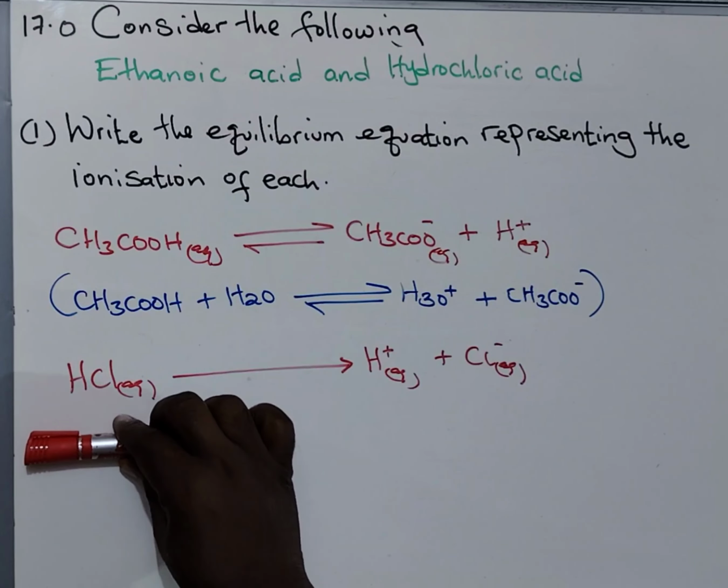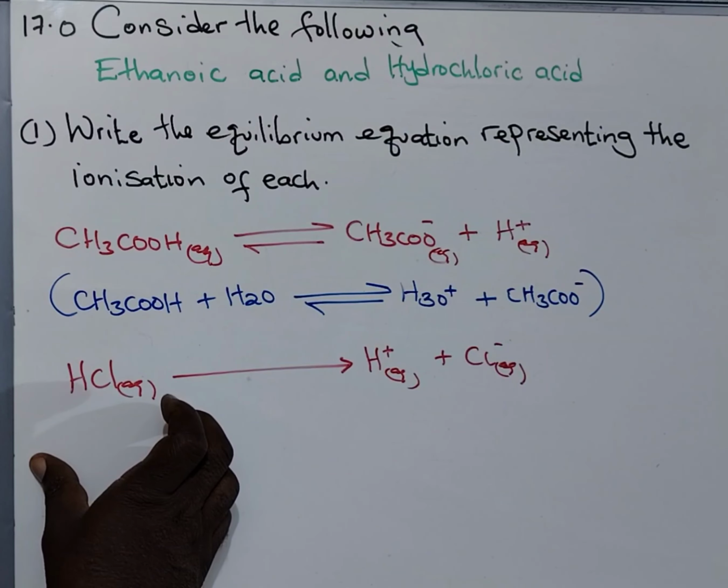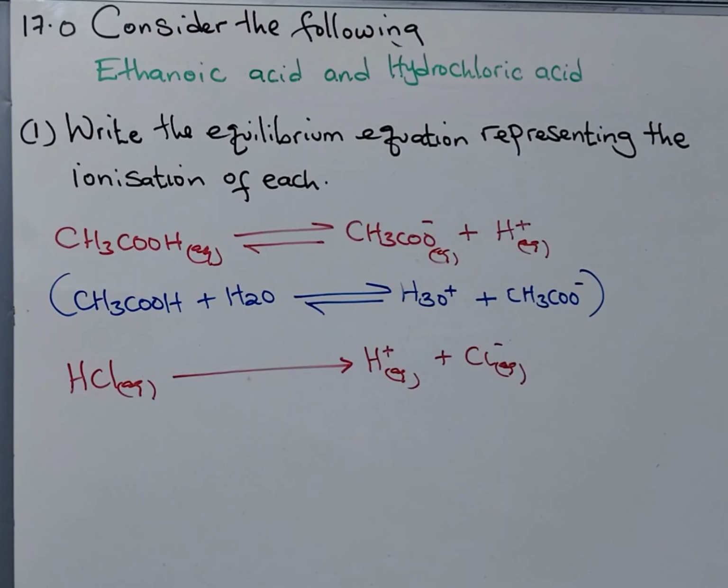HCl is a strong acid which is completely ionized, so we don't have any HCl. But I need to caution you that actually it is not completely ionized. There is some reverse reaction, but at the moment, this is what we have to believe.